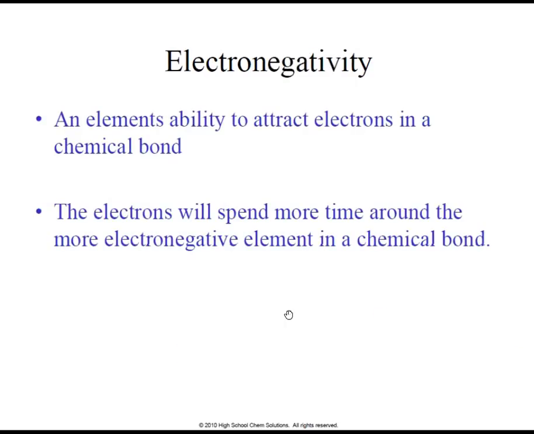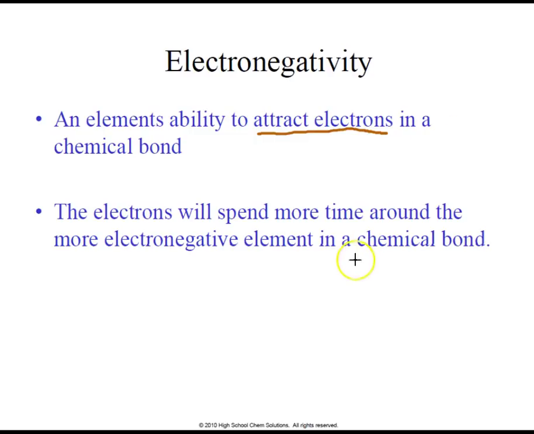Okay, last term is electronegativity, which is very similar. This is the ability of the atom to attract the electrons. So we're not giving it the electron, we're seeing how able or how strongly can it attract the electron to itself. So we're just putting electrons around it and seeing how strongly they pull the electron in.